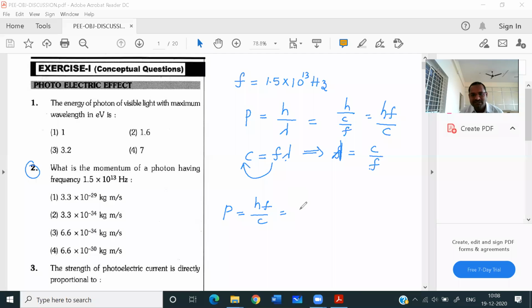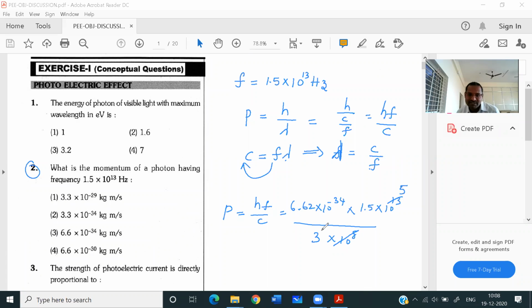The h value is 6.62 into 10 to the power of minus 34, and the frequency given is 1.5 into 10 to the power of 13, divided by the C value, 3 into 10 to the power of 8. 10 to the power of 8 cancels with 10 to the power of 13. 13 minus 8 is 5, so 10 to the power of 5 will be there.